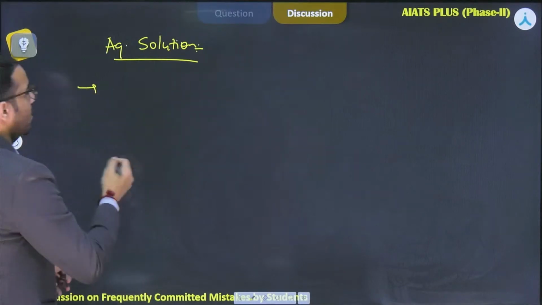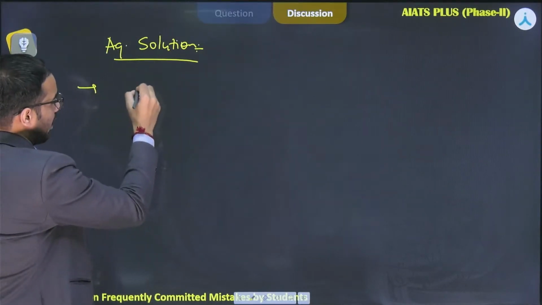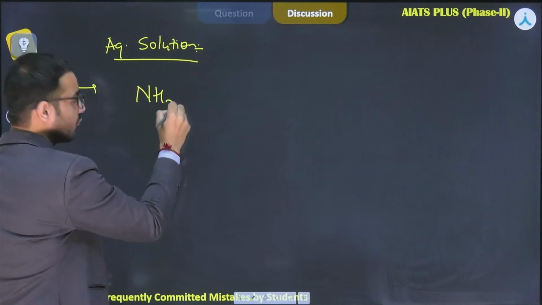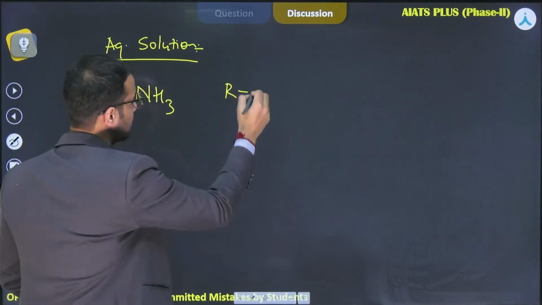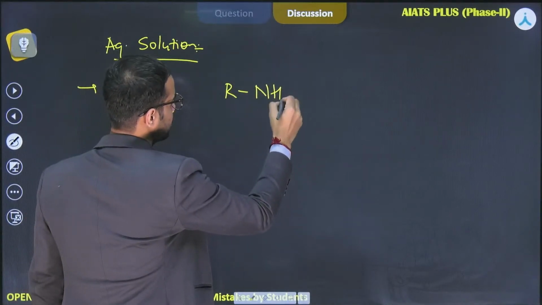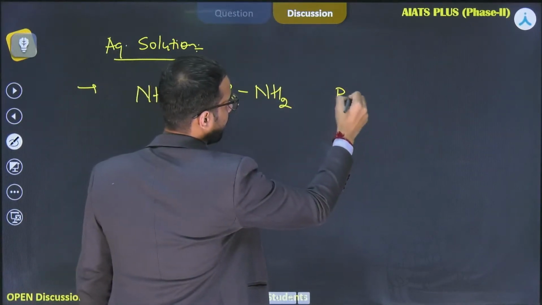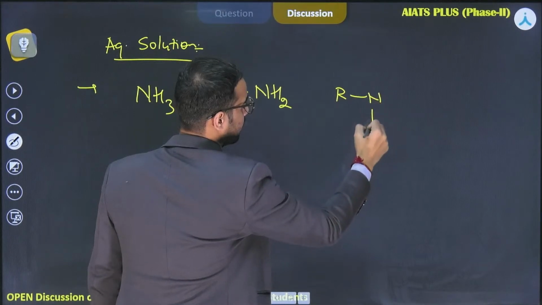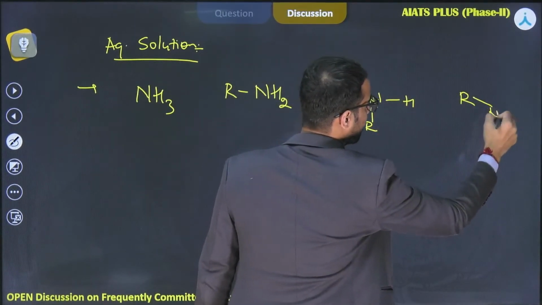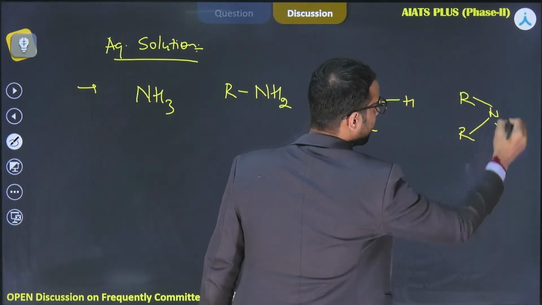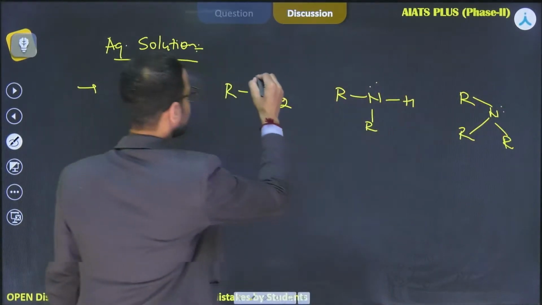Let us take NH3, or let us take the same examples. You have taken RNH2, R2NH, R3N, all having lone pairs.